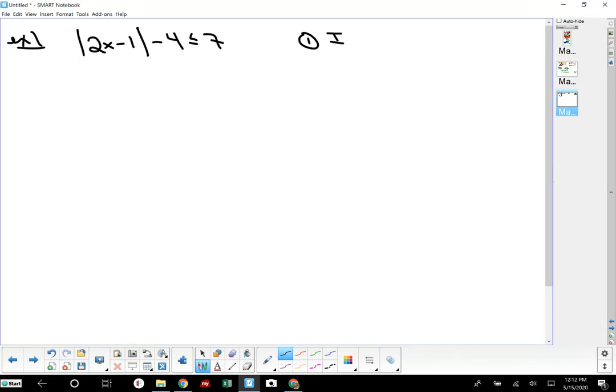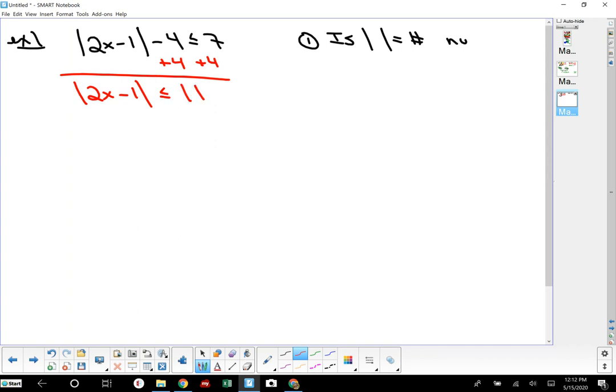Is the absolute value equal to a number? And again, in this case, it's a no. So we need to move that number. So we're going to add a 4, add a 4. Now I have absolute value of 2x minus 1 is less than or equal to 11. So now this is fixed.